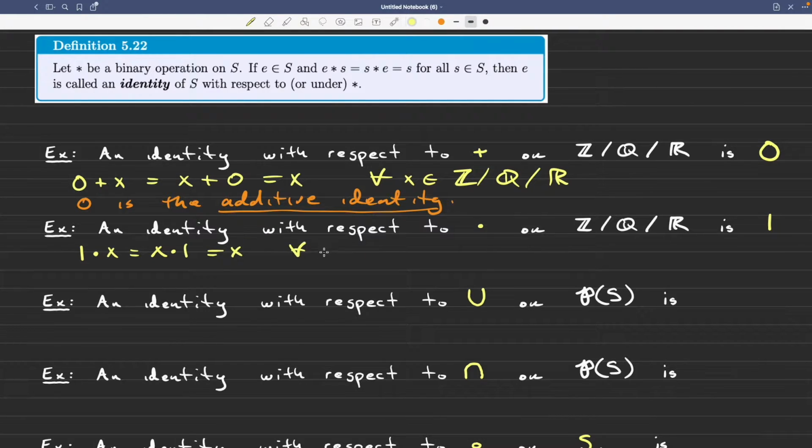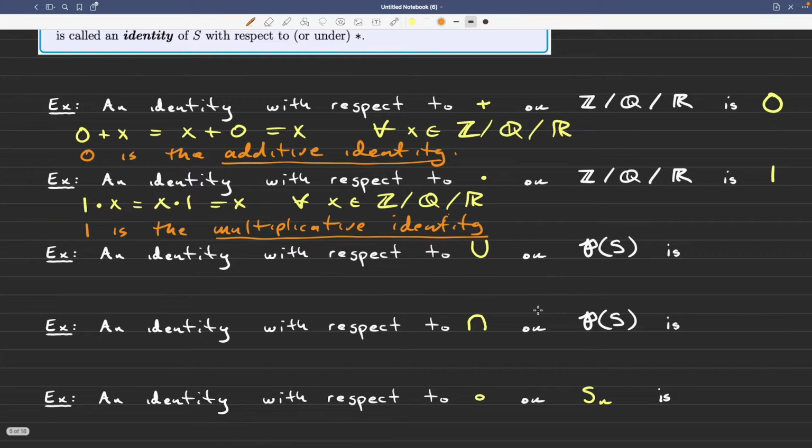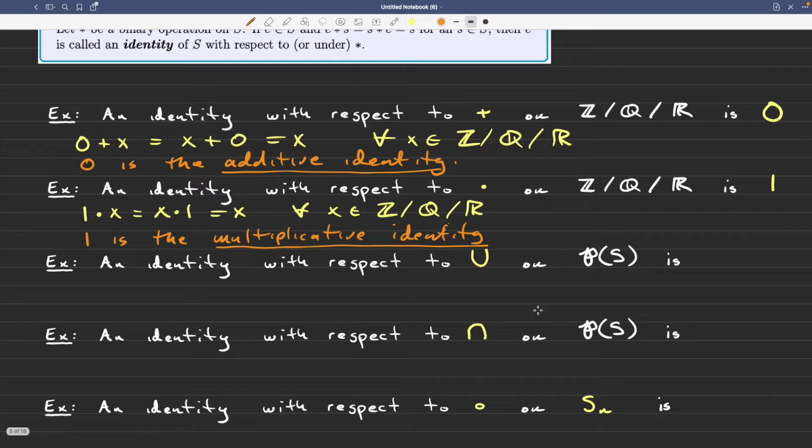And this is true for every x in the integers, rationals, or reals. 1 is the multiplicative identity. So we all know that 0 is a very special number, and so is 1. We've been using the fact that 1 and 0 are special all our lives, right? But let's think about other operations. Do we get similar things like 0 or 1?